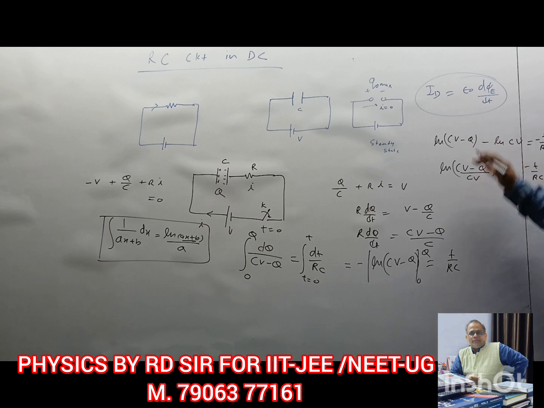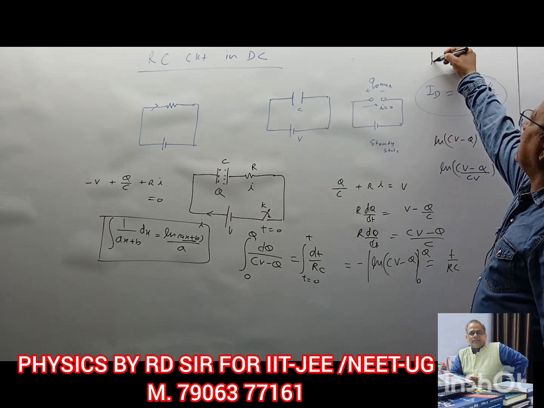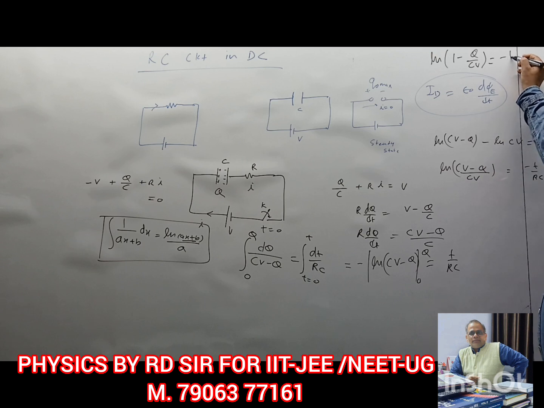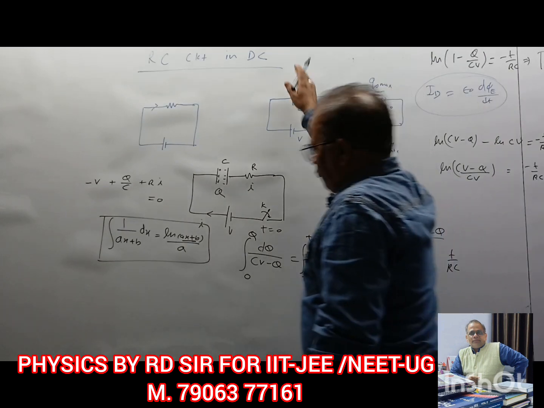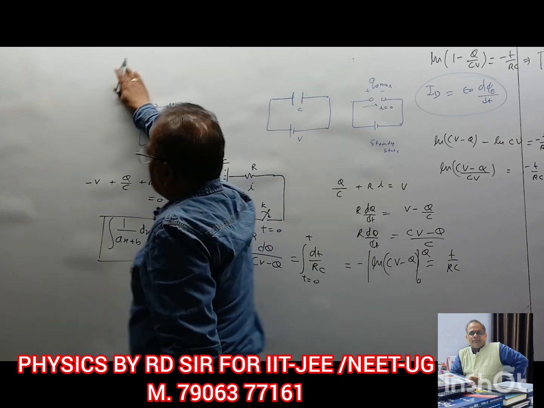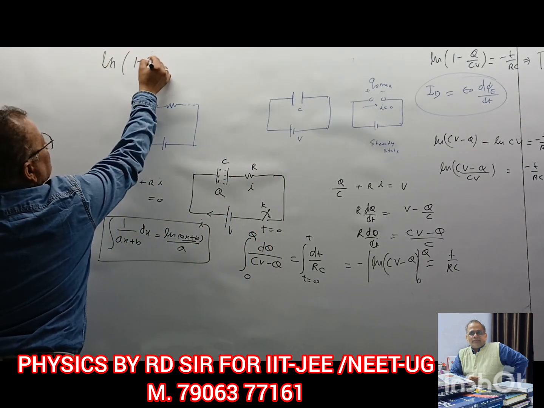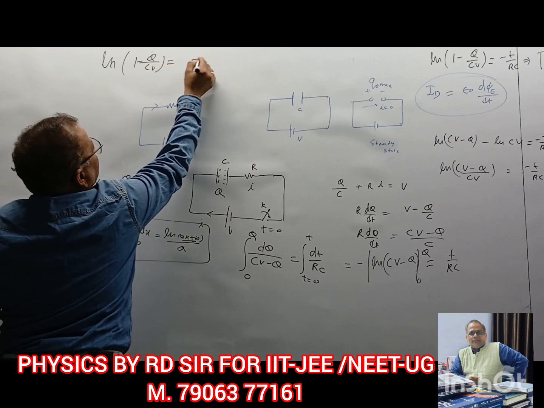Dividing this, we get ln of (1 minus q upon CV) is equal to minus t upon RC.